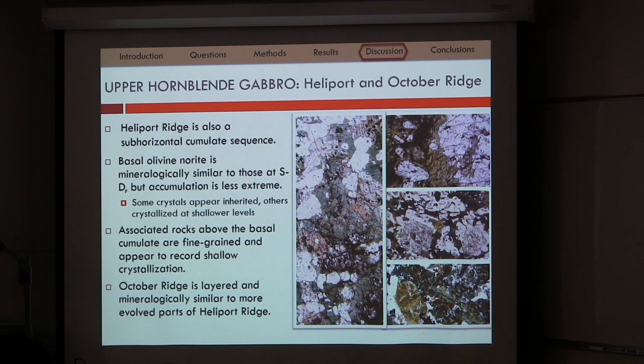They're still mafic, but we have less anorthitic plagioclase. We have green hornblende instead of brown hornblende, which was mentioned by Luthold et al., that they think is a more evolved version of the hornblende. And we also see a lot more primary biotite and some apatite in there as well. So we see both of those features at Heliport Ridge upper sequences and then the October Ridge.